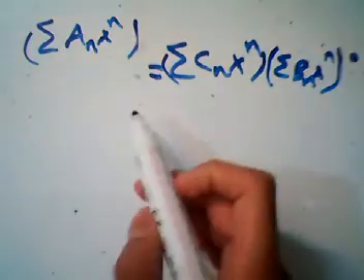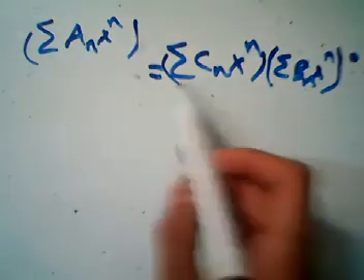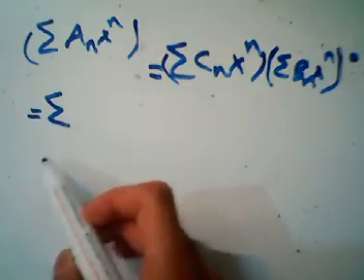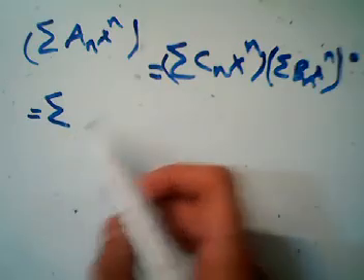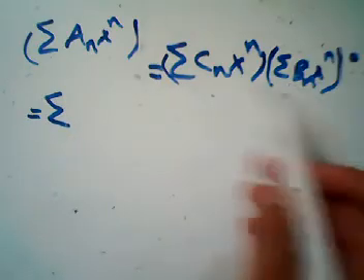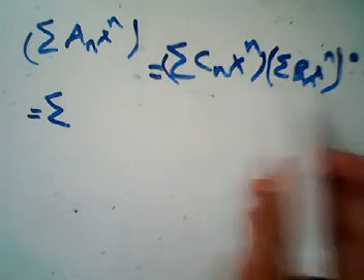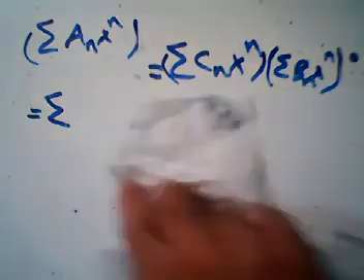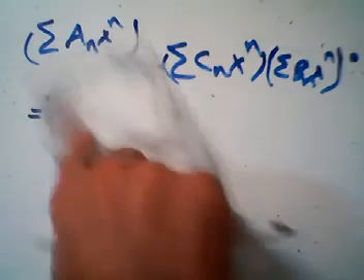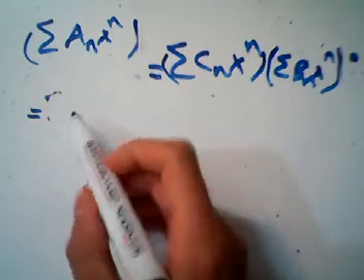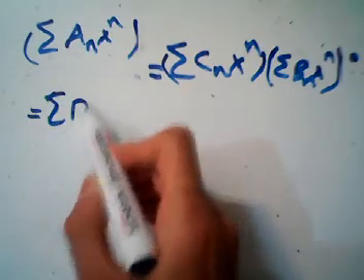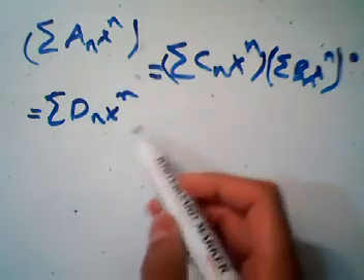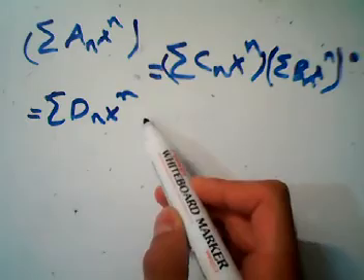Now, according to the multiplication of two power series, this is also a power series with coefficients, let's say Dn x to the n, which is equal to sigma An x to the n.